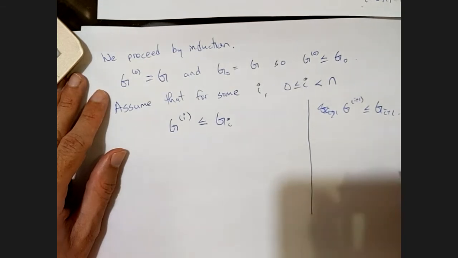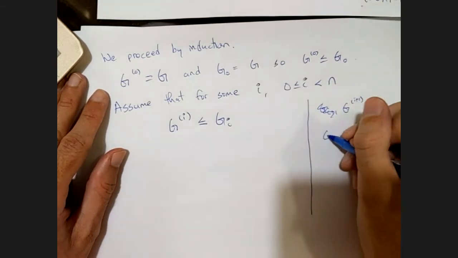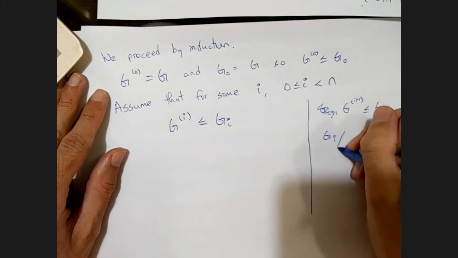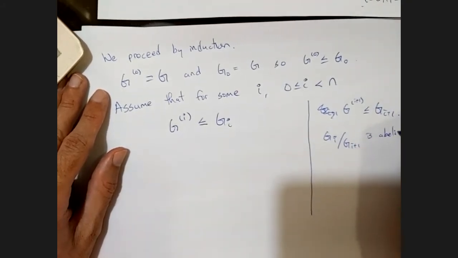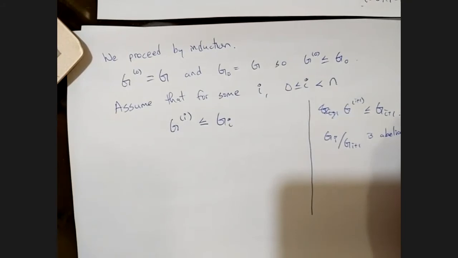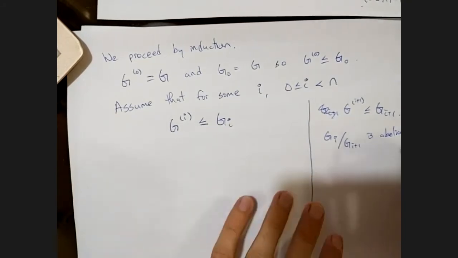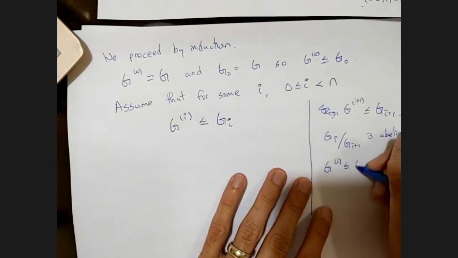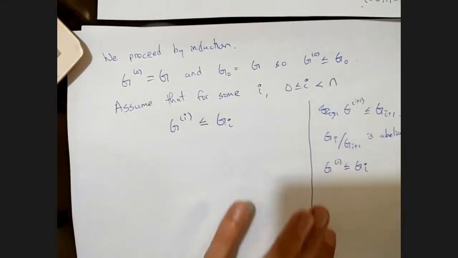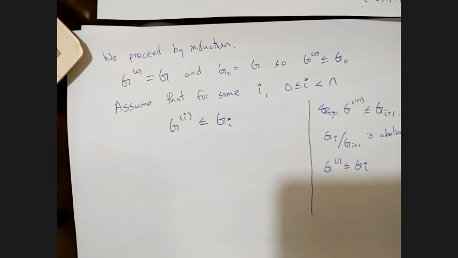And what facts do we have at our disposal? We have the fact that G_{i+1} is abelian. We also know that this is contained in G_i.